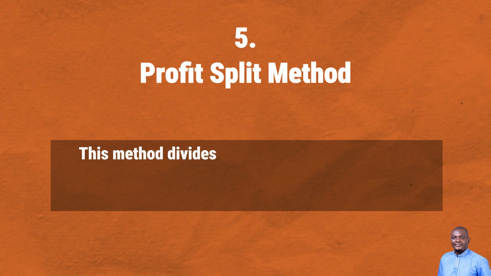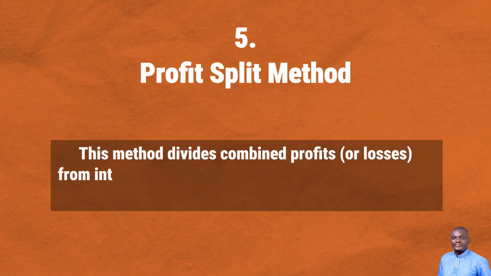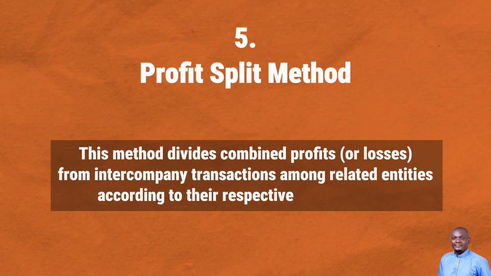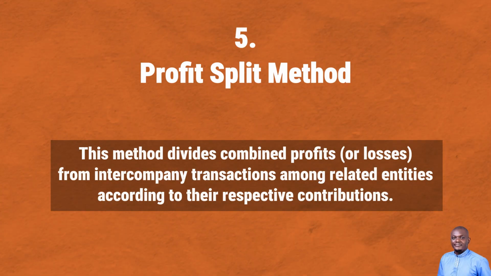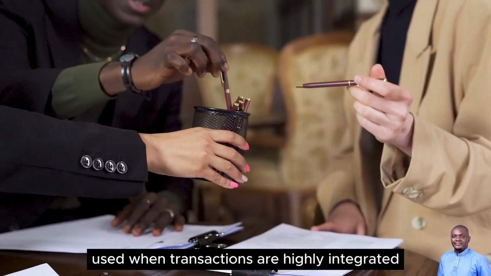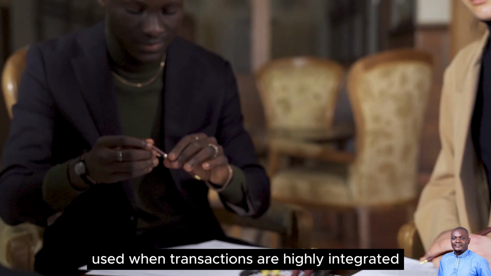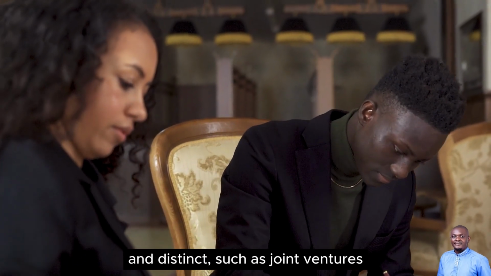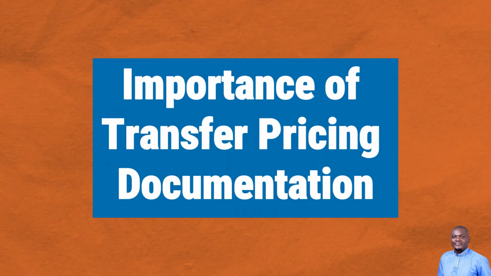Profit split method. This method divides combined profits or losses from intercompany transactions among related entities according to their respective contributions. Application. Used when transactions are highly integrated and contributions of related parties are significant and distinct, such as joint ventures. Importance of transfer pricing documentation.